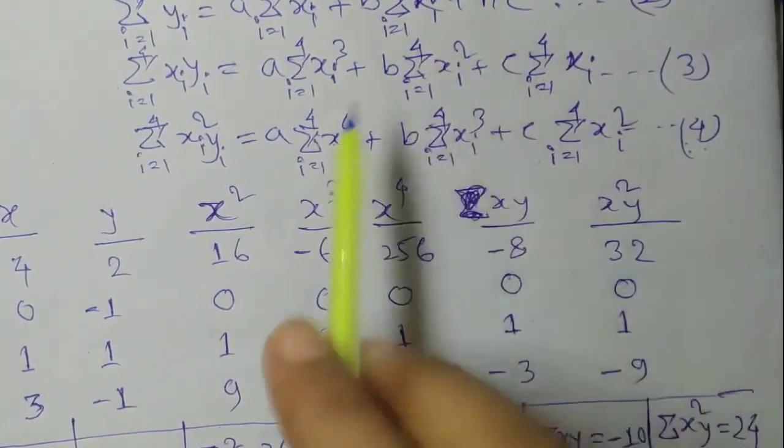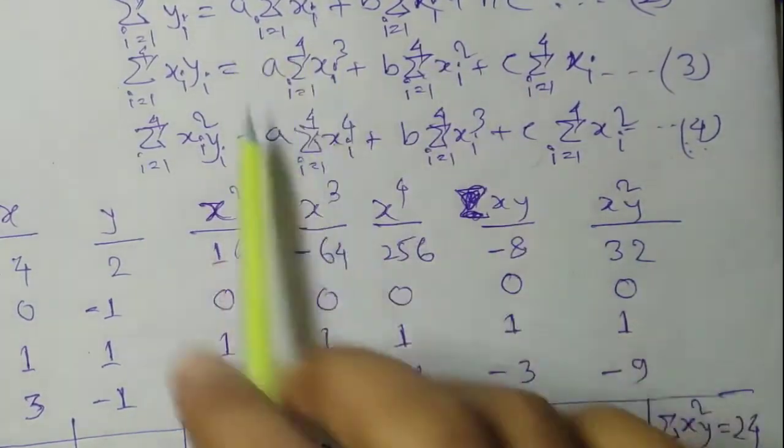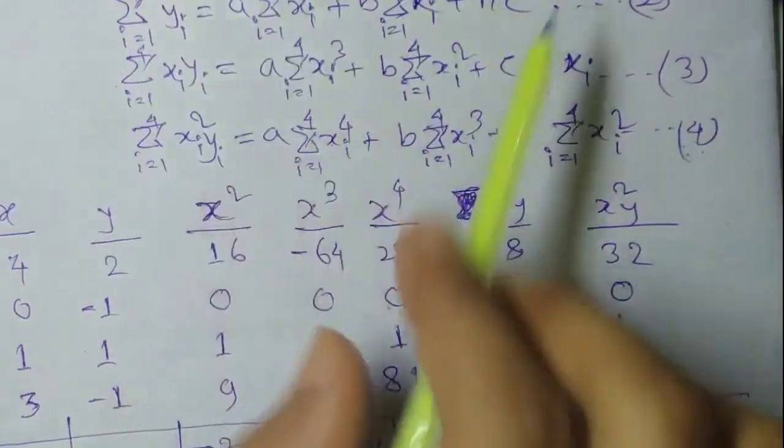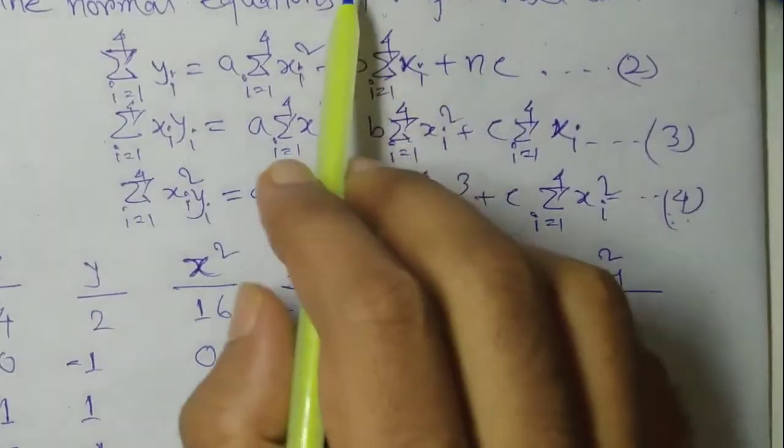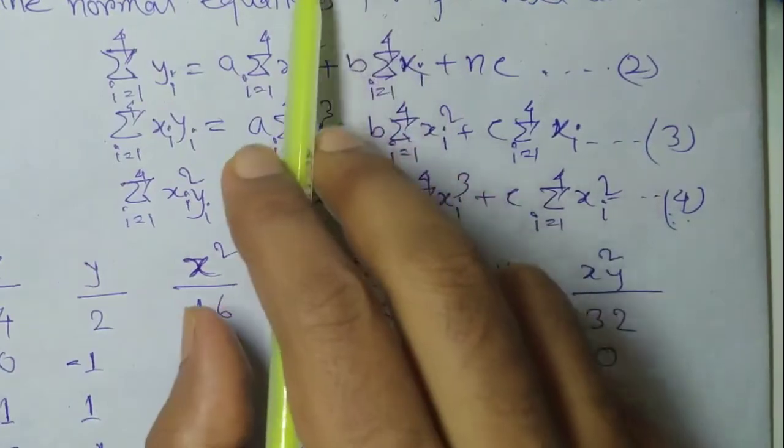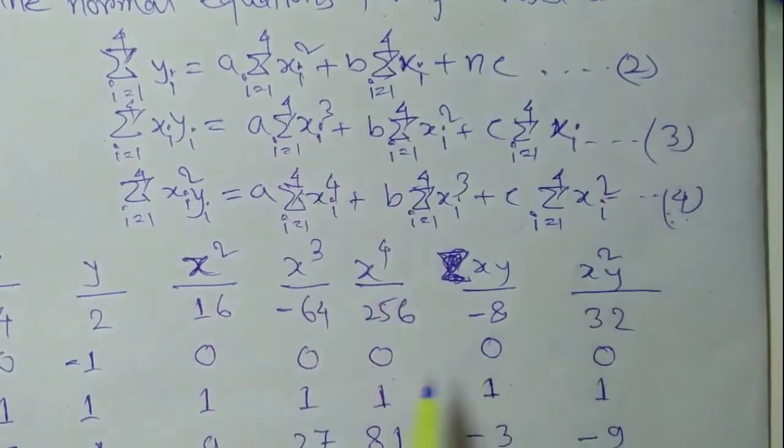So to minimize the error term we obtain these normal equations for parabolic curve fitting of the form ax square plus bx plus c.